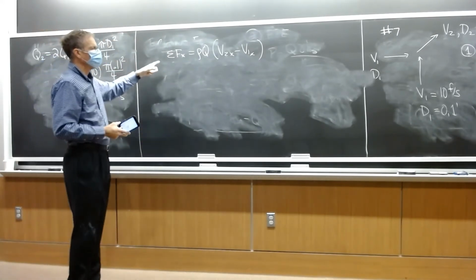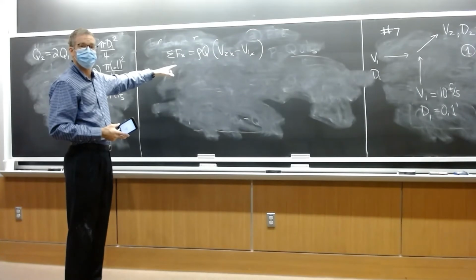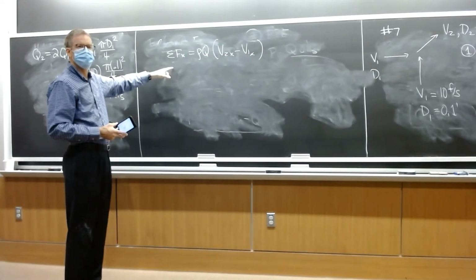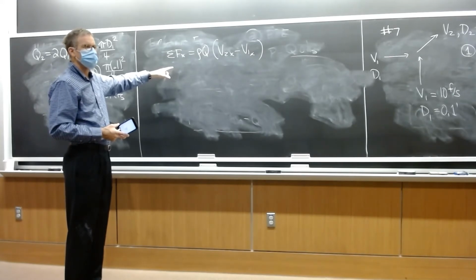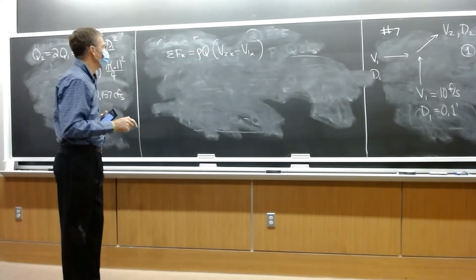So this is the sum of the forces acting on our control volume. We don't have any, because there's no pressure. These are jets, and there's no external force, and there's no pressure forces.